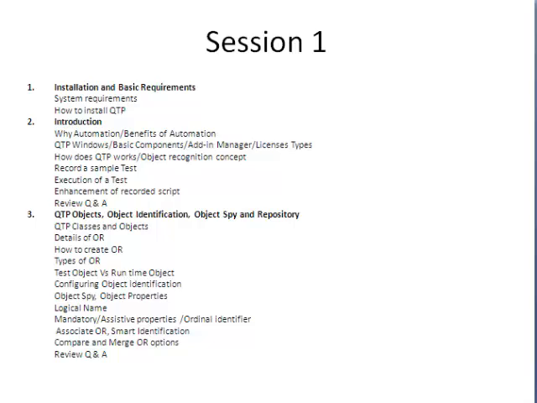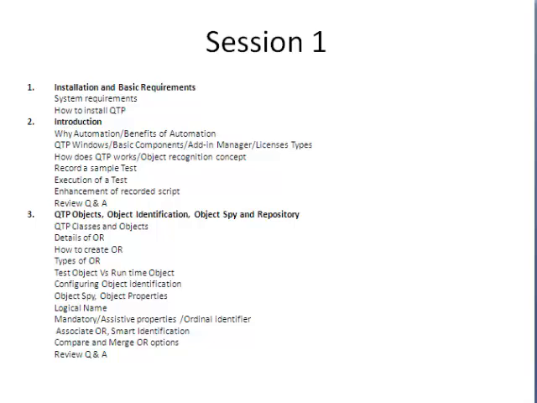Then we'll give some guidelines before installing the QTP. Then we'll have the screen navigations, how the installation is going to work on your actual machine. Then we'll see what is the seat license and the concurrent license, and how you can install those licenses on your machine.